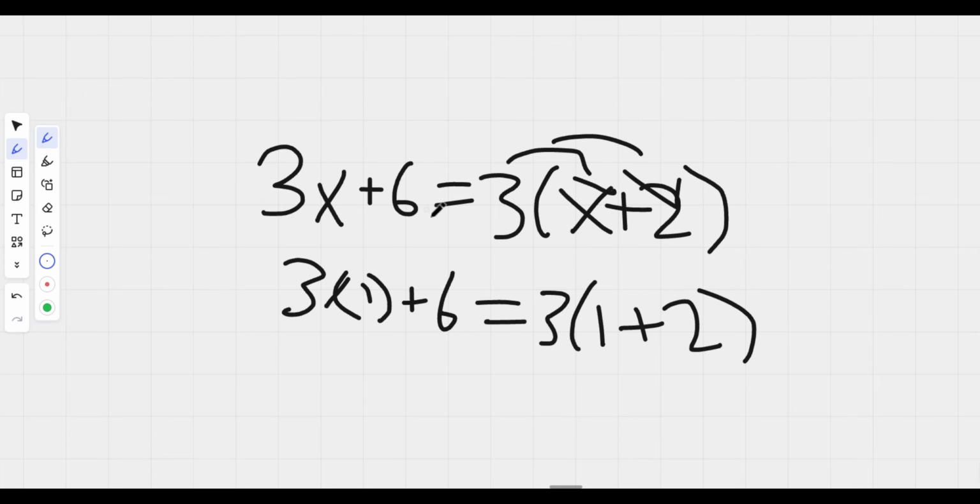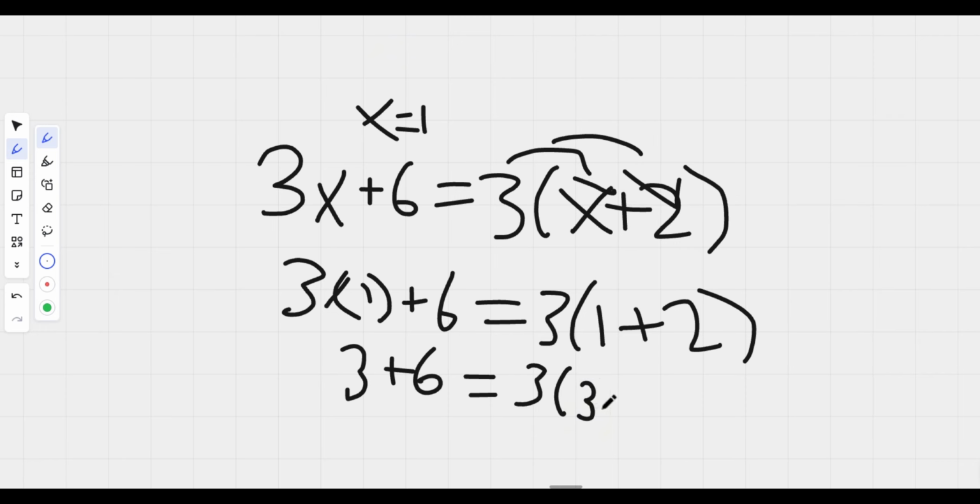All I did here was just make x equal to 1. So what we're going to do is 3 times 1, which is 3, plus 6. And then this is going to be 3 times 3. And that's going to equal 9 is equal to 9.